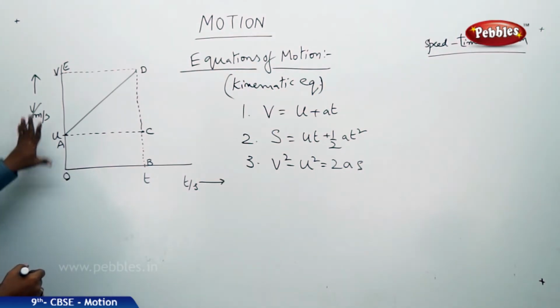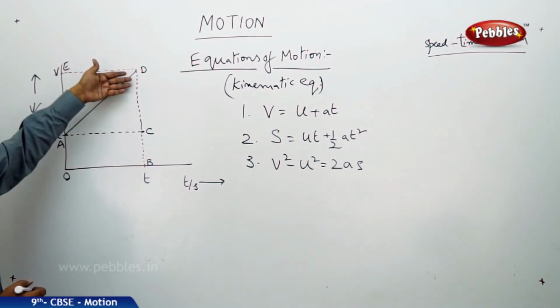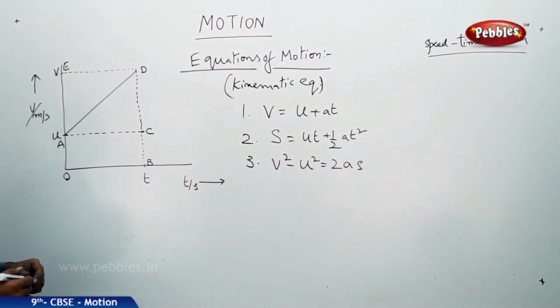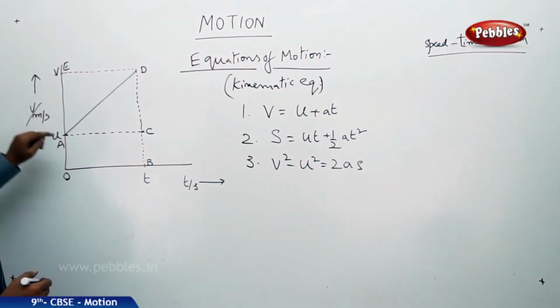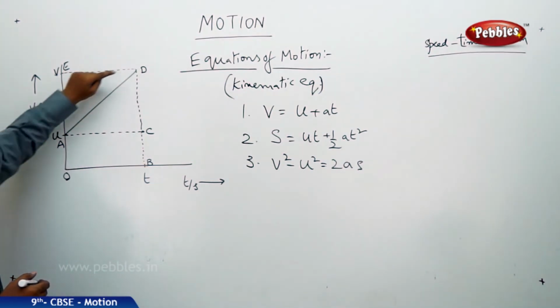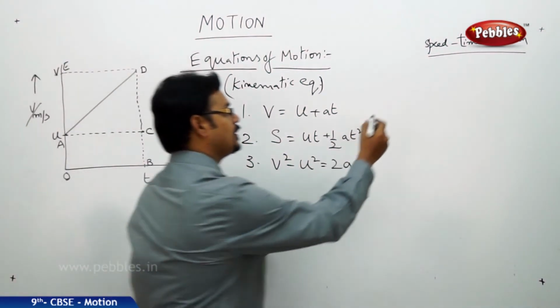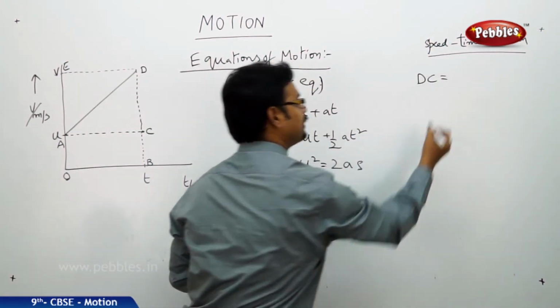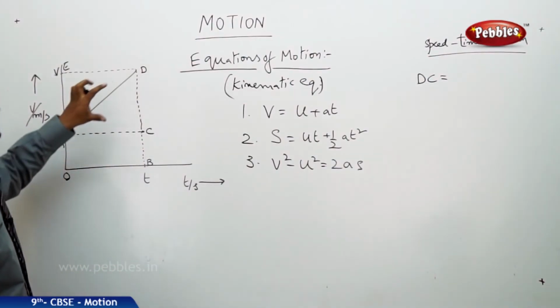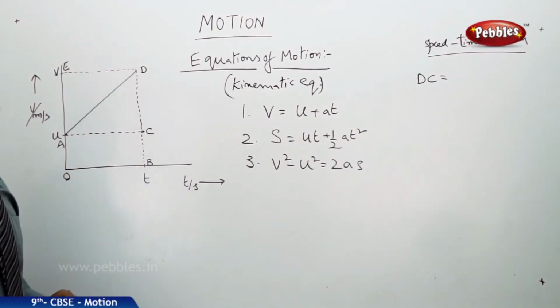Now, you see the line DC, when the graph moves from A to D. So how do you find this DC?